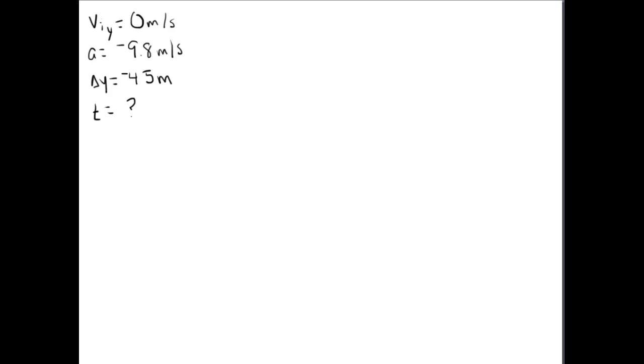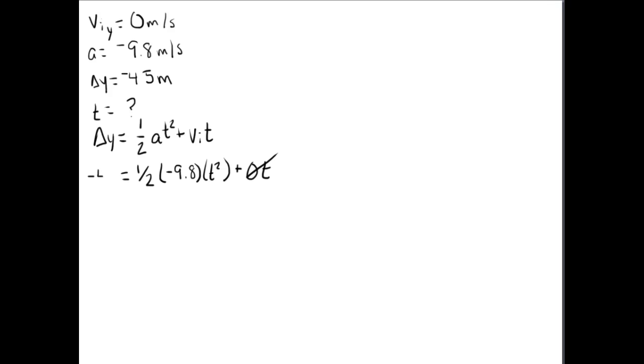So to solve this for time, we use our old friend, delta Y equals 1/2 a t squared plus Vi t, and just plug and chug. We've got 1/2 times negative 9.8 times t squared plus 0 times t, which takes care of that.